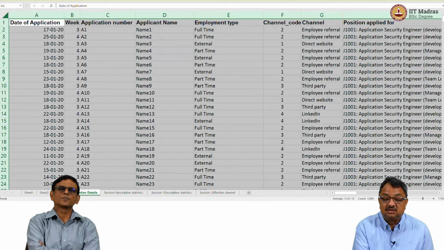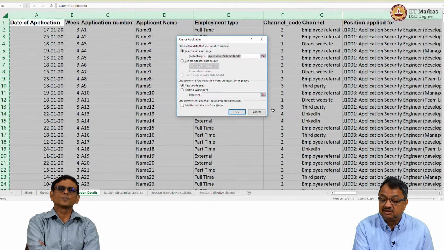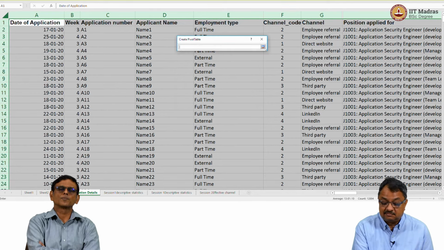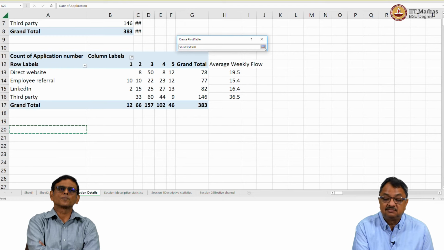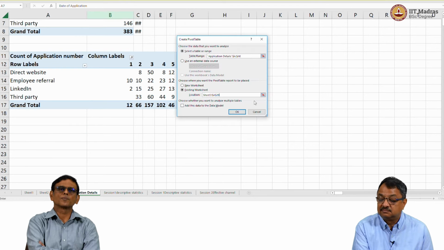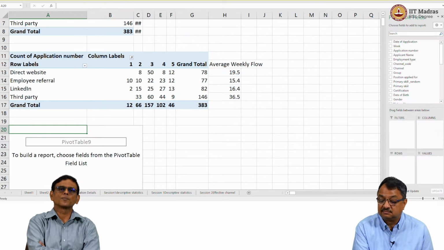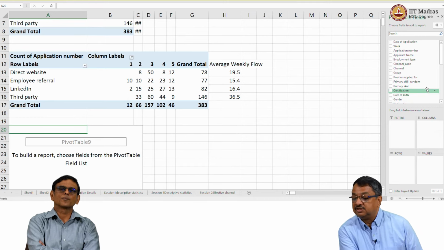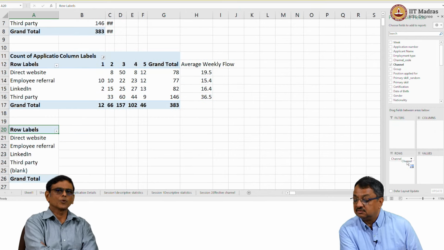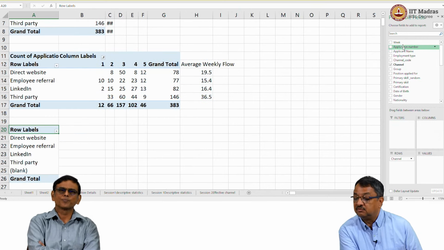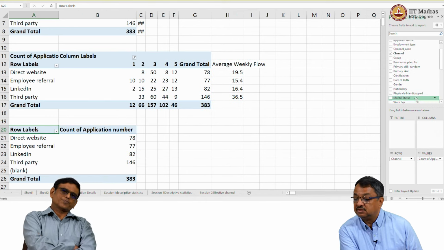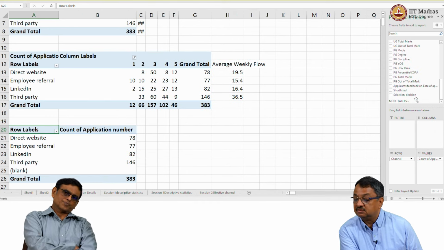So let's select this data, insert pivot table, and add it here. We wanted channel as the row, and number of applicants and number shortlisted.